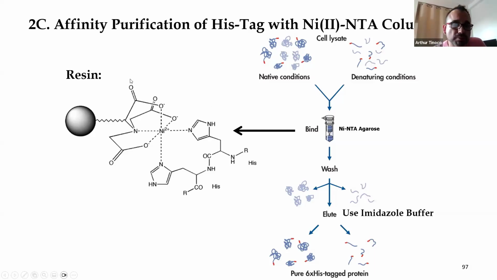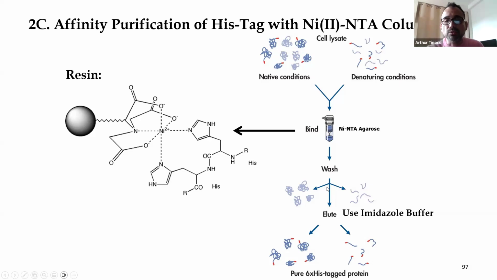So here's just a representation of a nickel resin where you have nickel sites that are accessible for binding. And that is what the histidine tag takes advantage of. Histidine molecules, this imidazole group, will bind to the nickel, and that binding interaction will then facilitate the purification process.